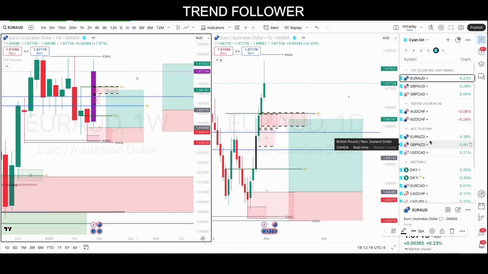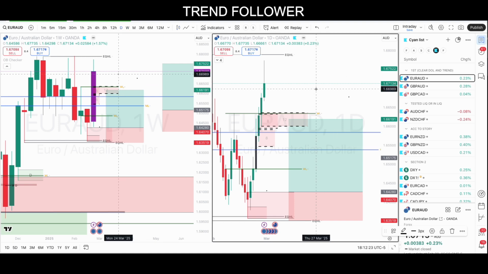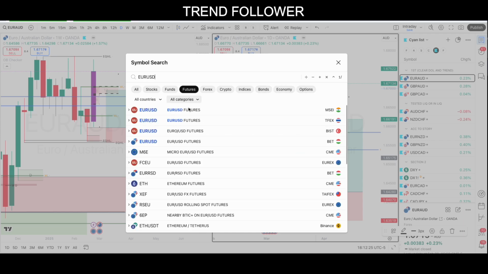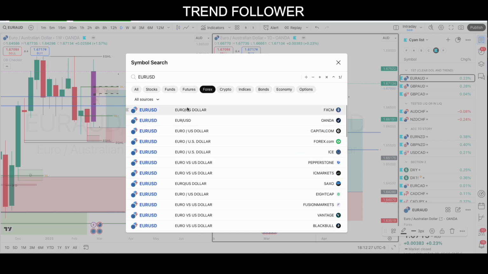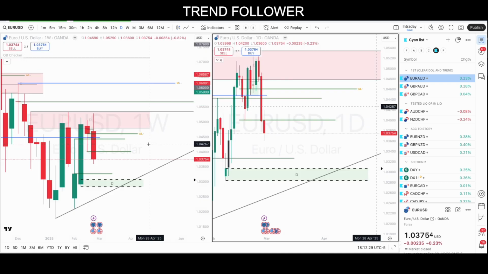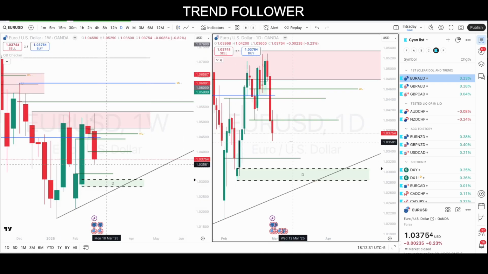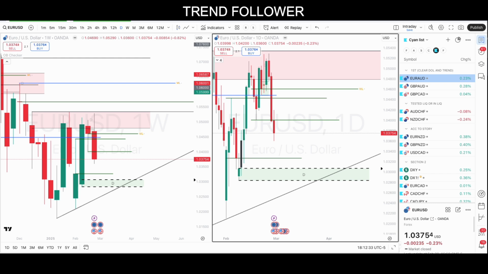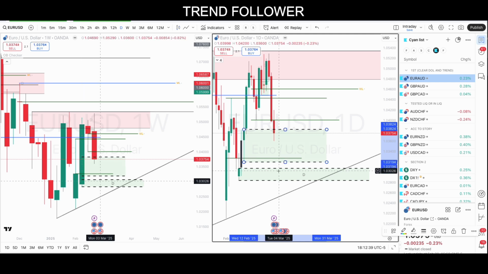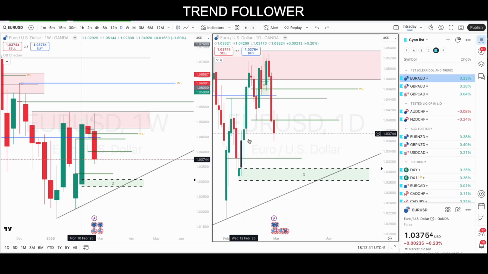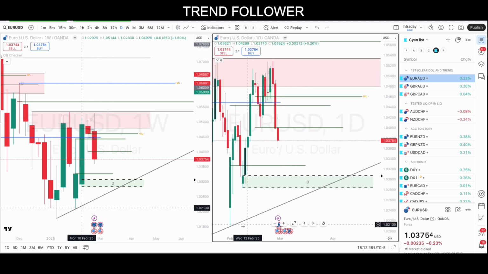But again, I would enter them when they're in the zone that I mentioned on the futures chart, and I will just mention it on the Forex chart also, right? So with Euro USD, there are two zones. One is this whole big zone. I wouldn't say I love it because it doesn't help me with my risk to reward, and we had this straight move down.